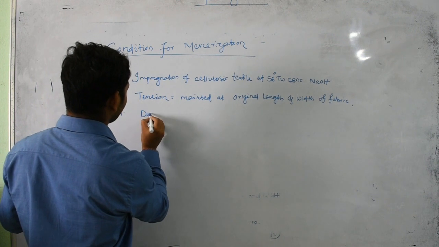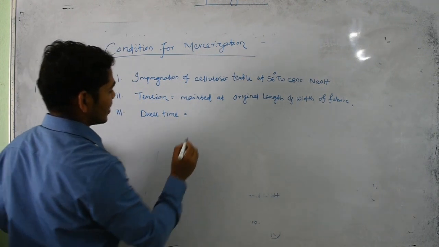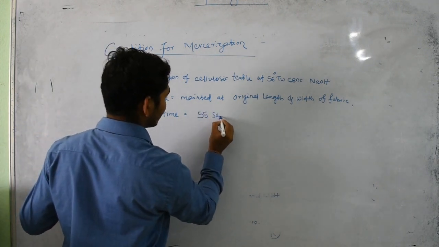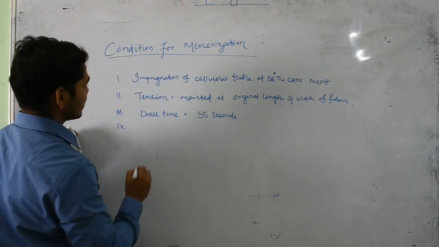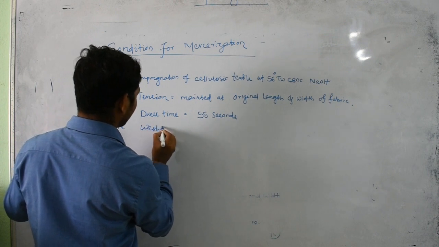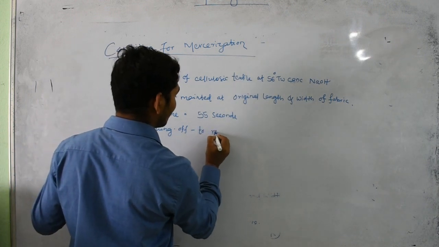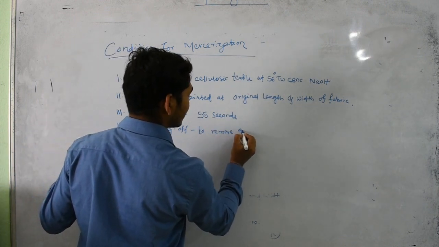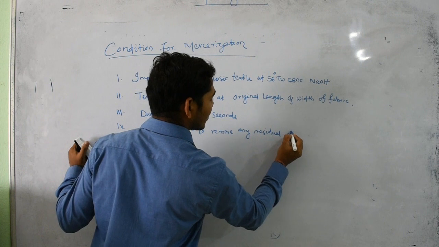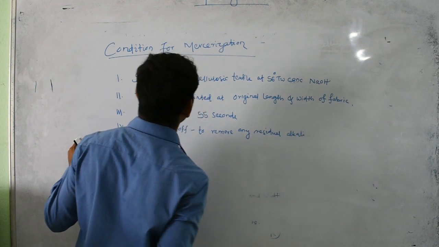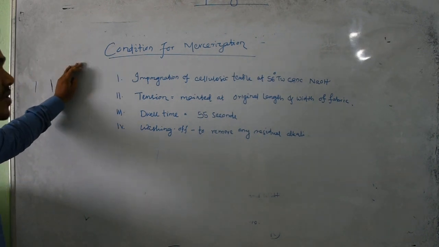Then the dwell period, time is around 55 seconds, and the final step is washing off to remove any residual alkali. Now, these are the conditions for mercerization process.